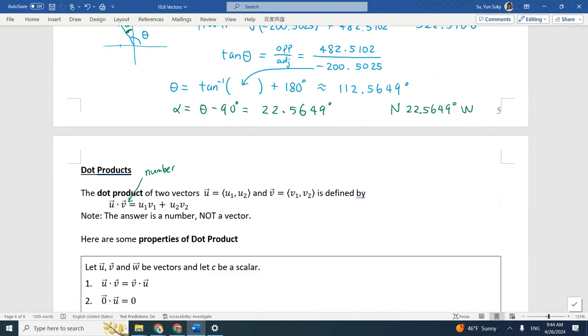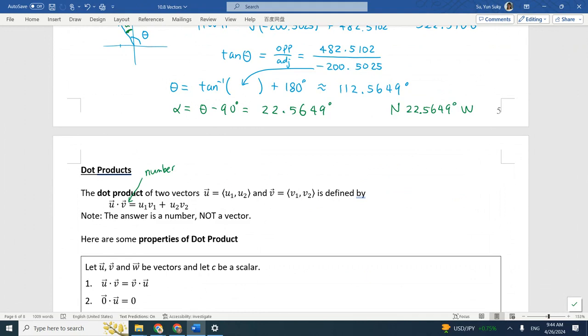It equals the first component of the vector u multiplied by the first component of the vector v, and then add the second component of u times the second component of v. So you multiply each component respectively, and then add your answers together. Is that clear, everybody? So this is the definition of dot product. And you end up getting a number, not a vector.